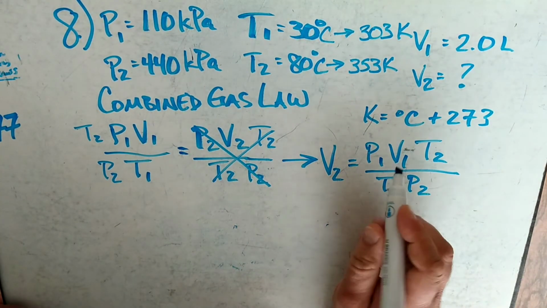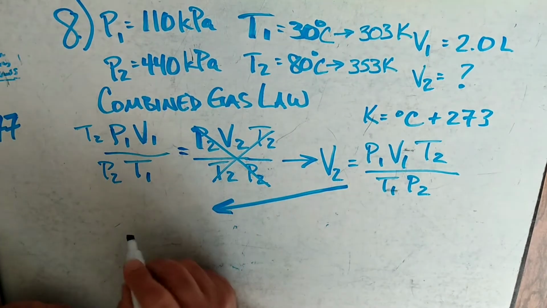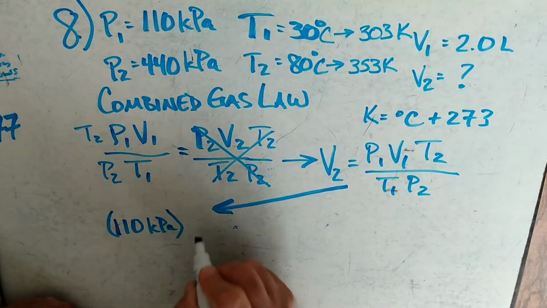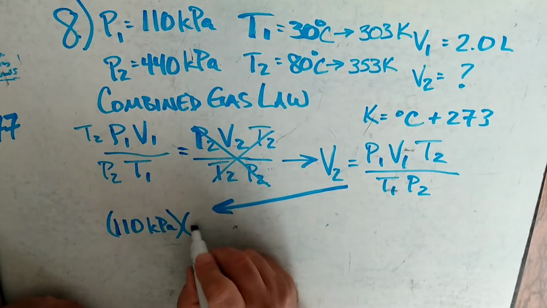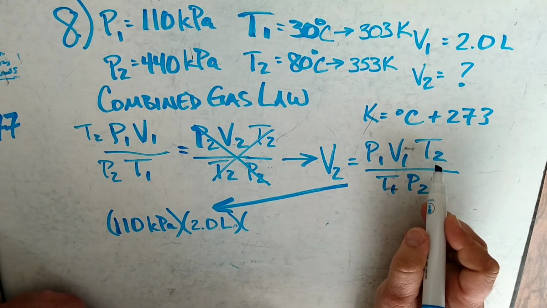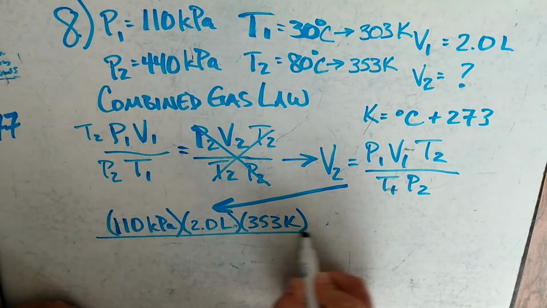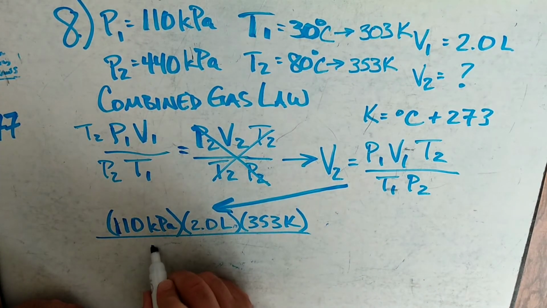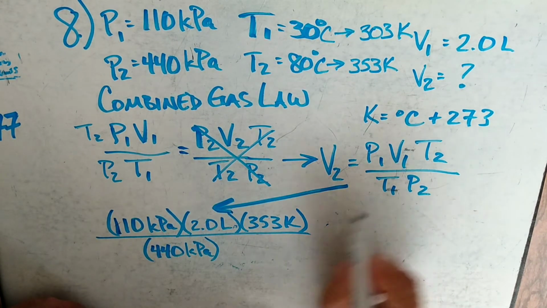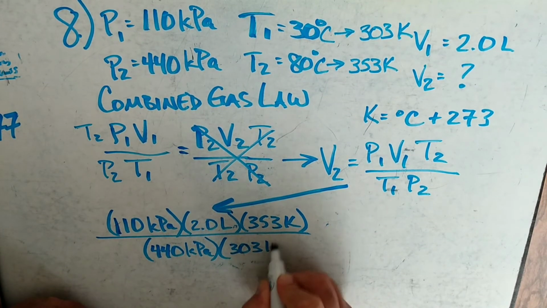So what we're going to do is take all this here, come down here and plug in these numbers. P1, 110 kilopascals times 2.0 liters times, and our temperature this time is 353 Kelvin, all divided by 440 kilopascals over 303 Kelvin.